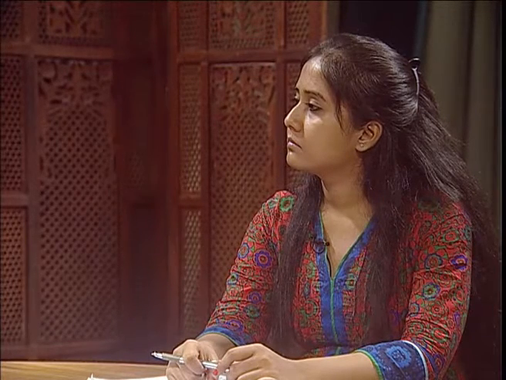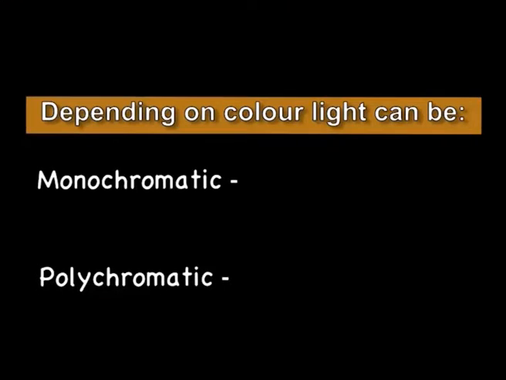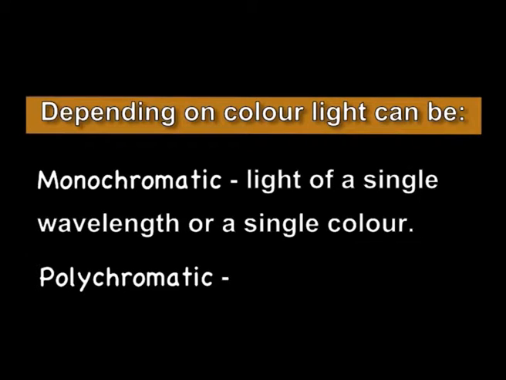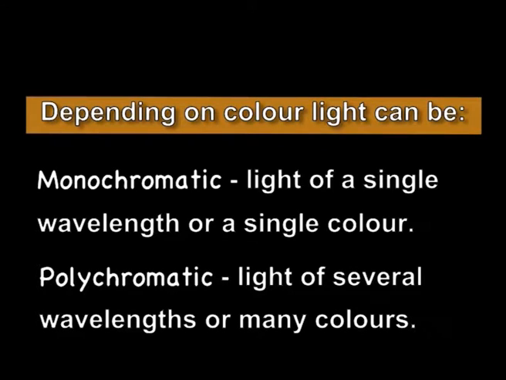Based on that, we can categorize light first depending on color: monochromatic and polychromatic. Monochromatic means light of a single wavelength or single color. Polychromatic means light consisting of different wavelengths or different colors.